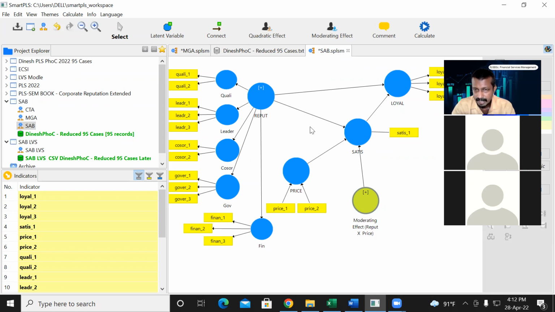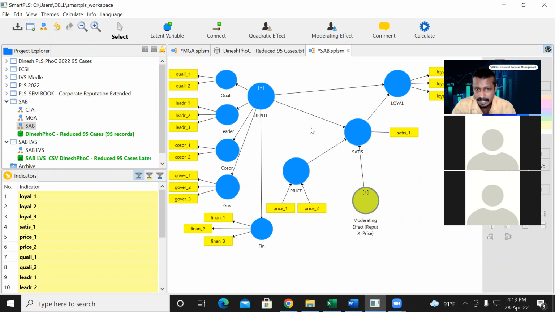Indigenous variable. Now here you can see, reputation is a second order construct. Why am I saying so? You can see quality, leadership, corporate social responsibility, governance. Those are forming, or helping us to develop, the larger construct, reputation. Now you can see this is a reflective one, right?